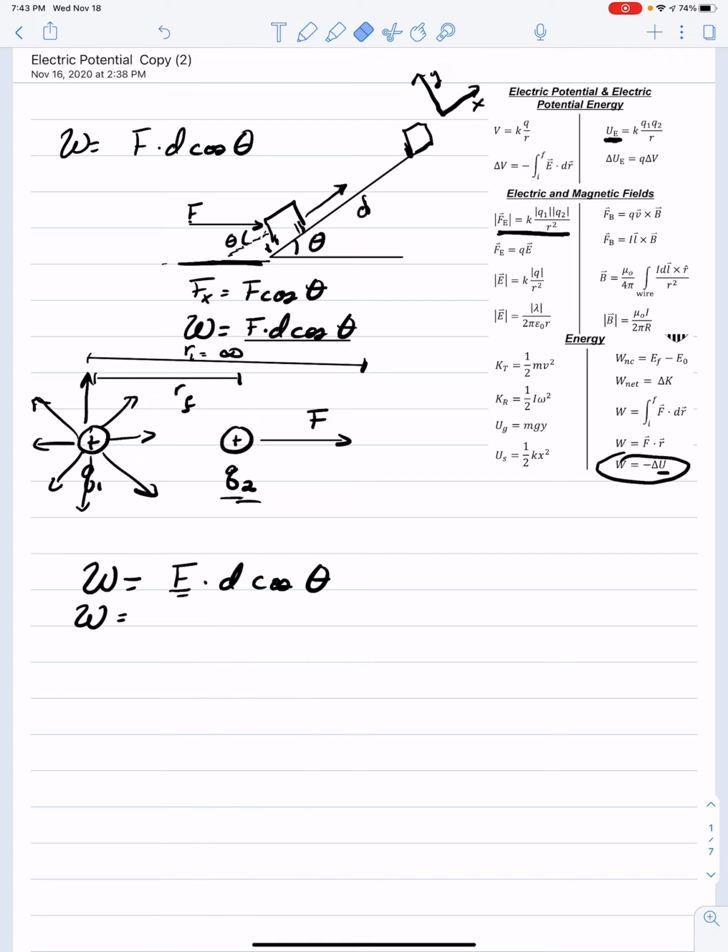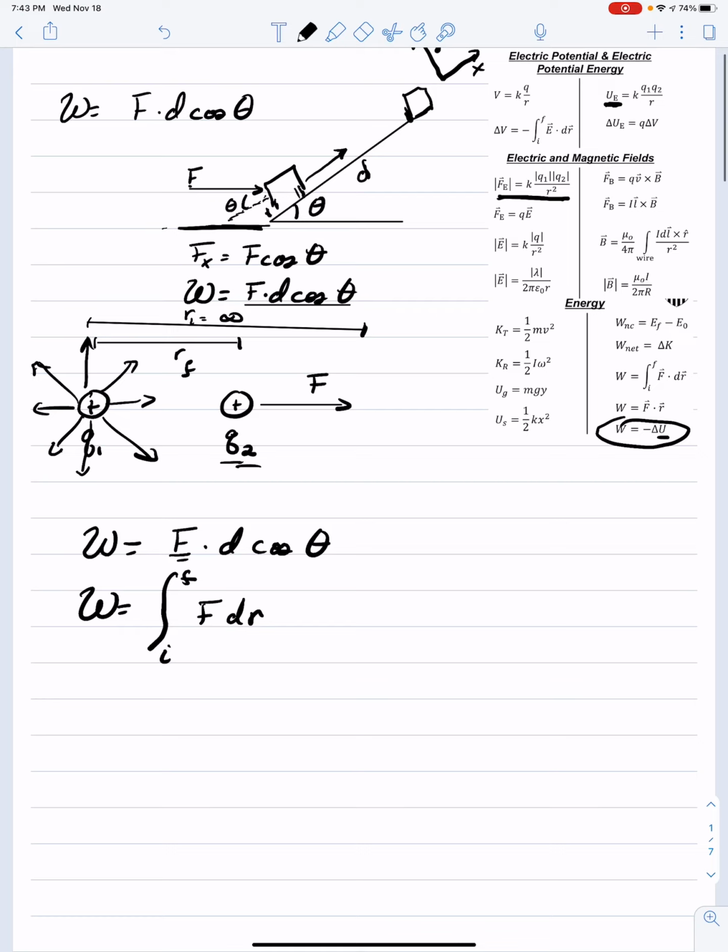Let's do it the way that the integral has it. Work is equal to, it's the same deal, initial, final, force times the infinitesimal distance r. And then when we integrate it, we have force r final minus force r initial.